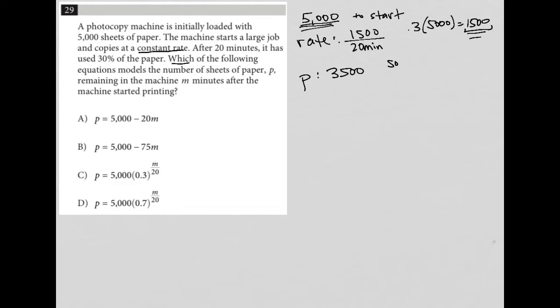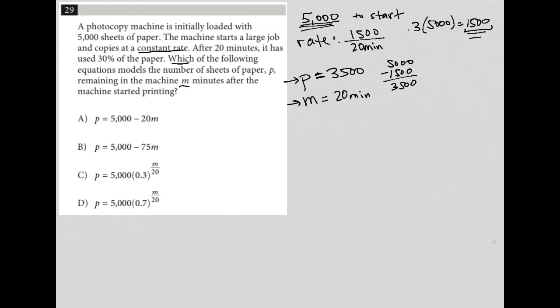I'll just write it down. 5,000 minus 1,500 gives us the number of sheets of paper that remain at 20 minutes. So P remaining in the machine, M minutes after the machine started printing. So our M is still this 20 minutes. Okay, so at the 20-minute mark, we would have 3,500 sheets of paper remaining.